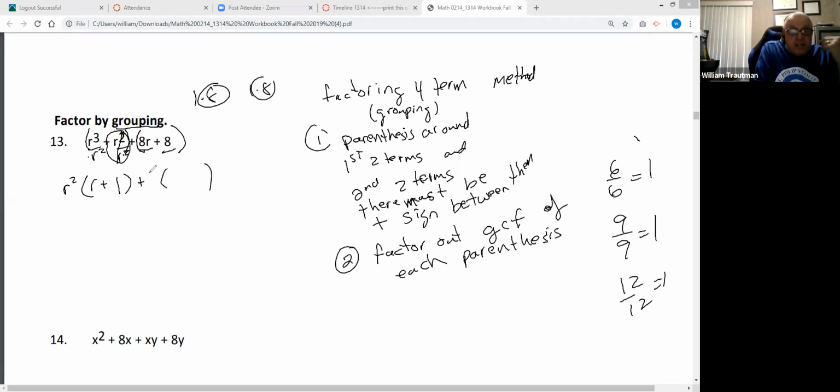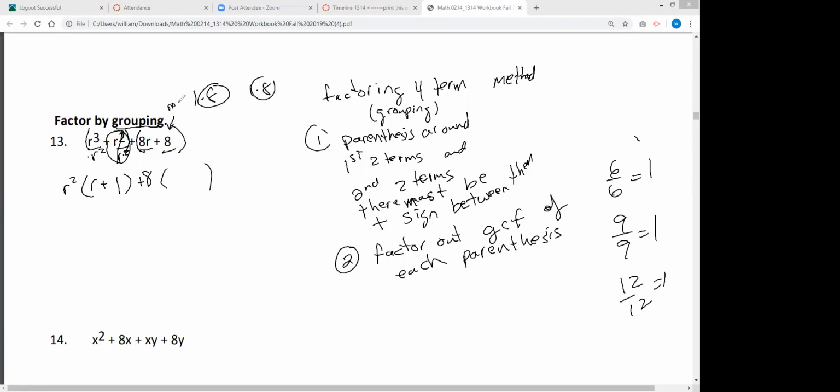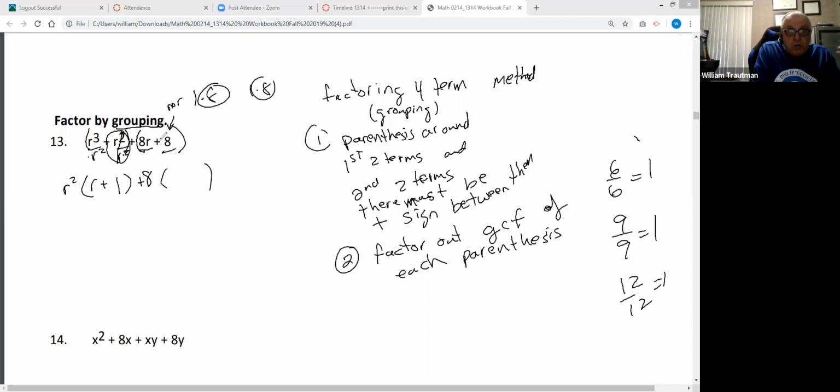And 8 factors out. What about an R? Does an R factor out? No. No R in this one. So an R does not factor out. So I divide both of these by 8. 8 divided by 8 is 1R. And over here, 8 divided by 8 is 1.